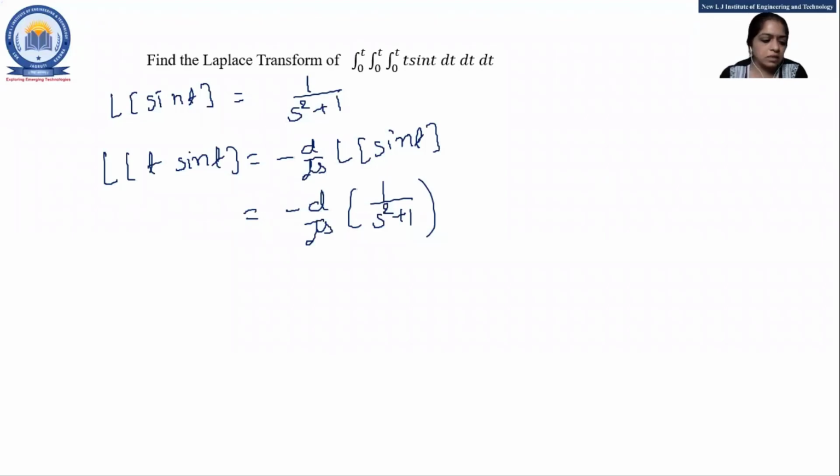So our answer here is 2s upon s square plus 1 the whole square, right?